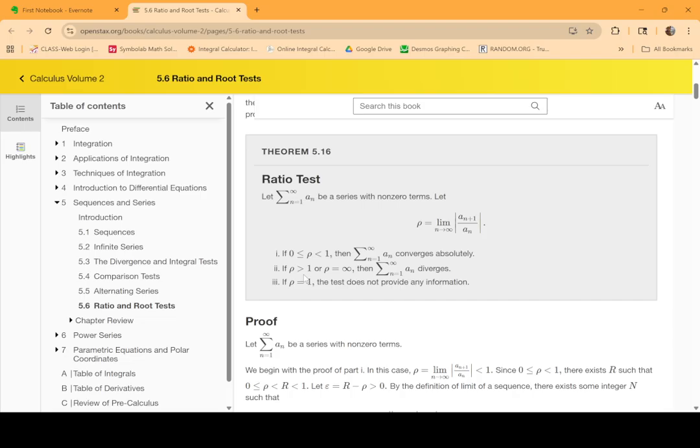What the ratio test is measuring is how the ratio of the next term and the previous one, how fast they're going to 0 or not. And when it's 1, it doesn't really give us any information. We can think of any p series.